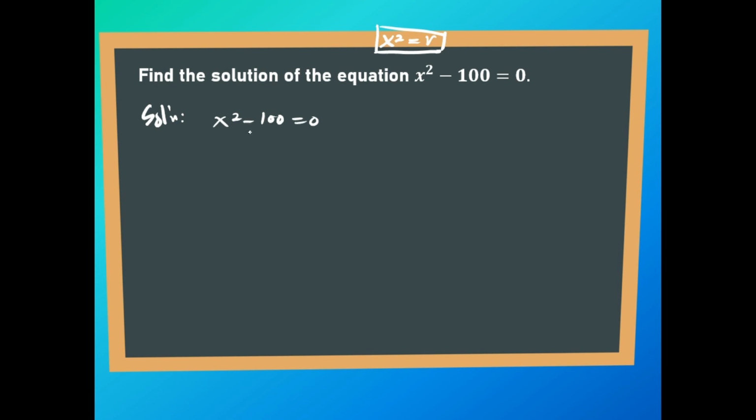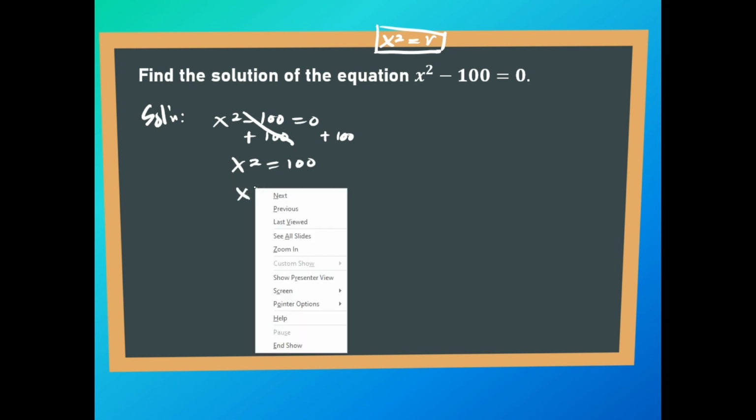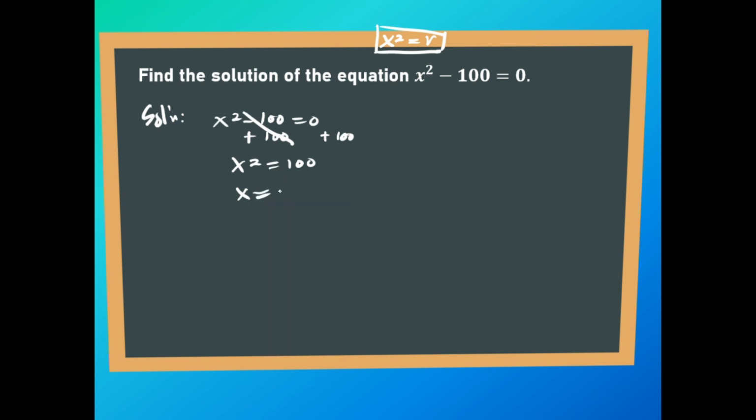So, eliminate natin yung 100 sa left side. Since minus to, so add tayo ng 100. Dito, add din tayo ng 100. So, cancel out na yan. So, magiging x squared equals 100. So, kunin natin yung square root ng 100.